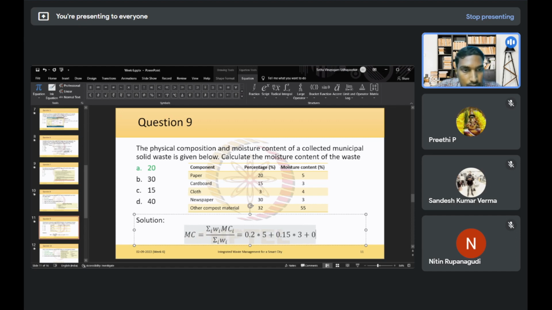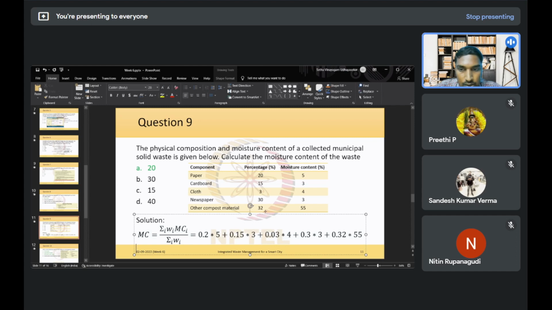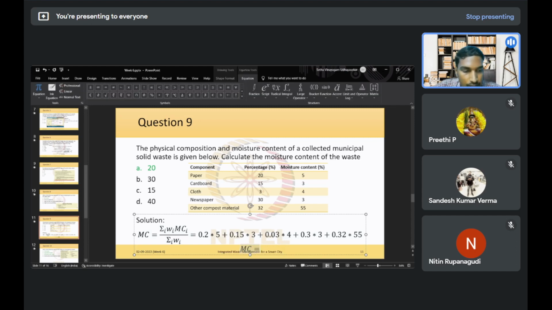The third is cloth, which is 3%, 0.03 into 4, plus newspaper is 30%, so 0.3 into 3, plus other materials are 32%, 0.32 times 55. If you solve this, you'll get the moisture content as about 20%.